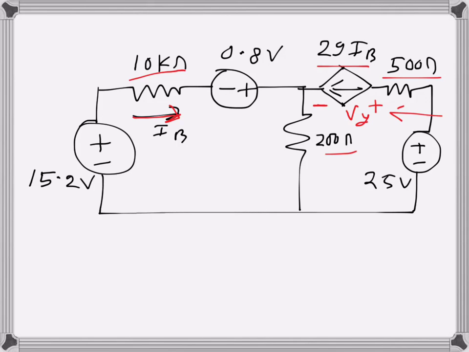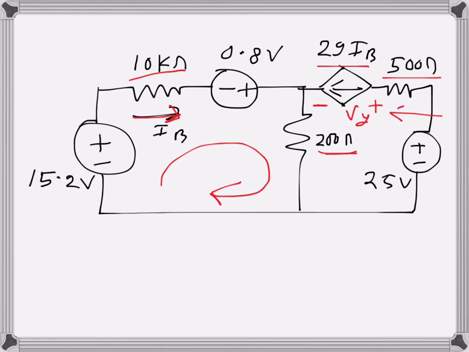So I will convert everything into kilo ohms. 200 ohms will become 0.2 kilo ohms, and 500 ohms will become 0.5 kilo ohms, and that way, if we convert the resistances into kilo ohms and the voltages stay as volts, the current will be in milliamps, because milliamps times kilo ohms is volts. So anyway, I am applying KVL in this loop, in the clockwise direction.